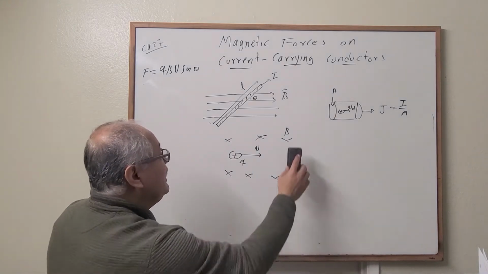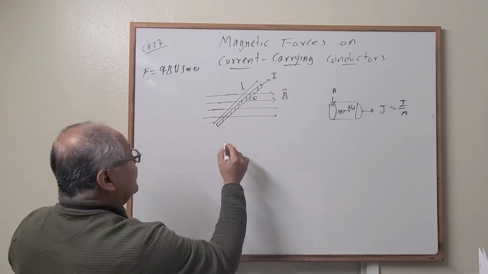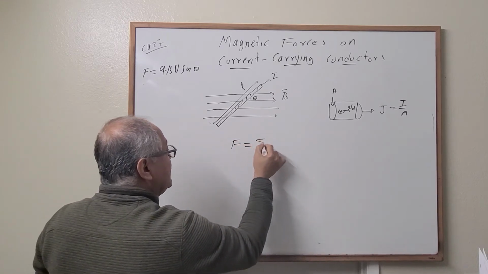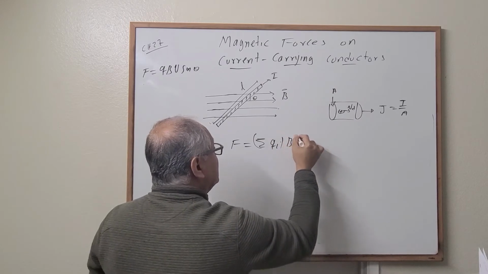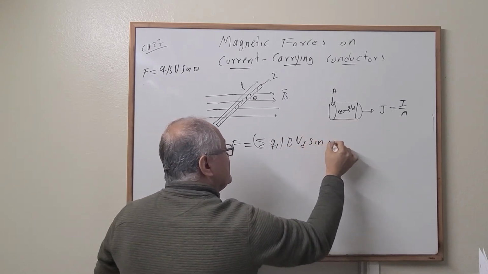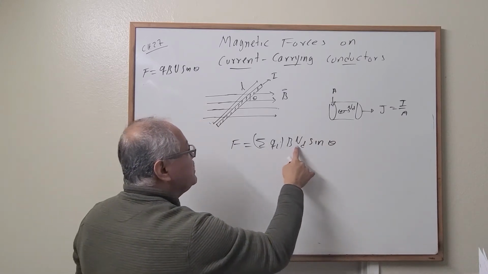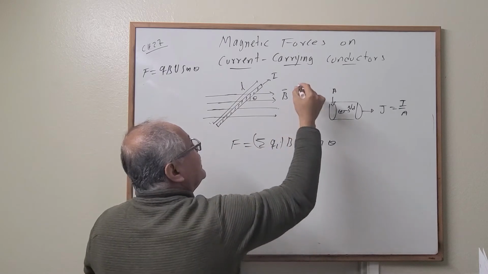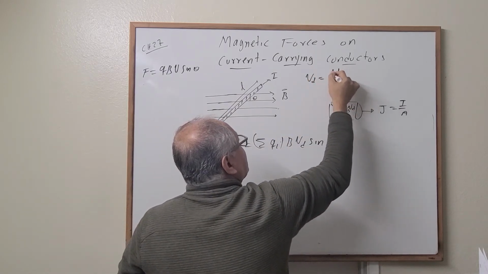Now let's see what happens. In this case, this formula takes this form. It's going to be the sum of all the charges times the magnetic field times V, in this case the drift velocity, times sine theta. But how do we define this drift velocity? From the figure, we can see that the drift velocity is equal to L divided by the time.